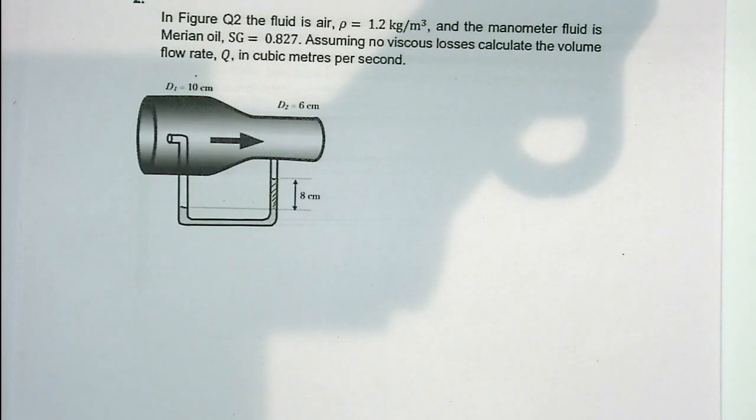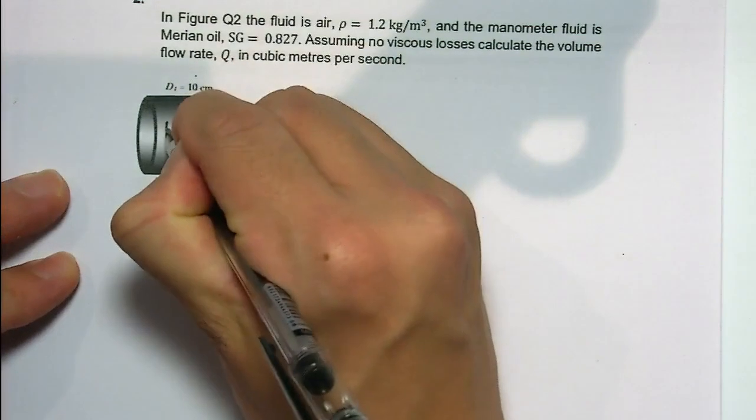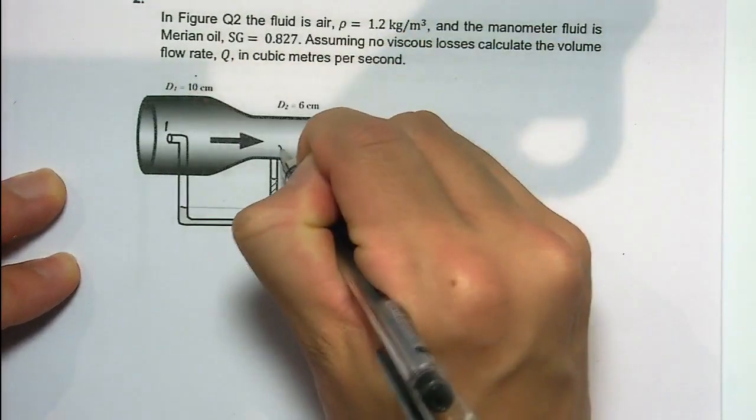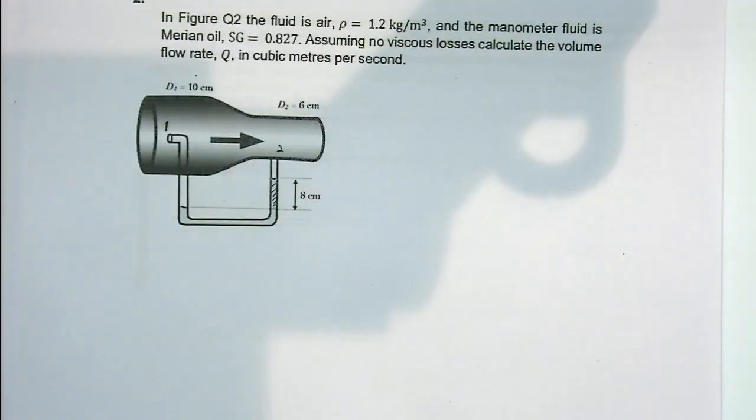But I have a question. We noted position 1 and position 2 here. If we want to get the pressure at position 1, at the stagnation point, what kind of pressure is it? Is it a static pressure or stagnation pressure? Stagnation pressure, yeah?